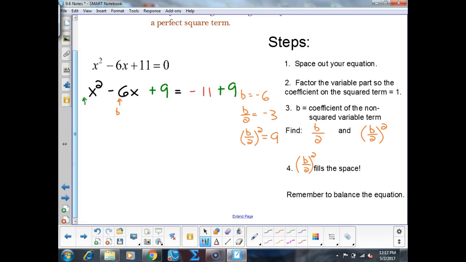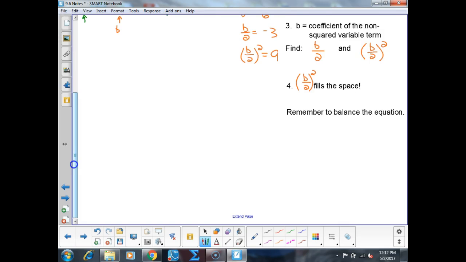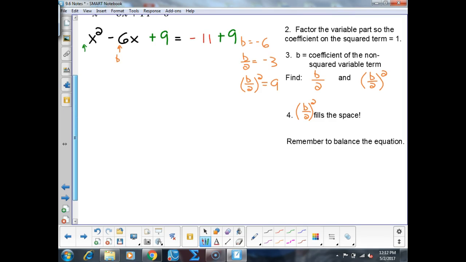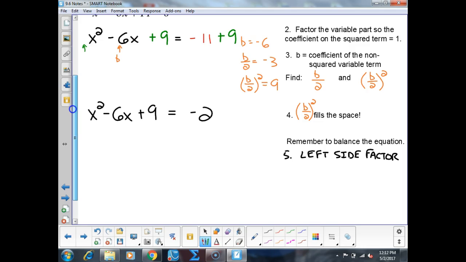The left side of my equation, let me just rewrite this without anything else now. So then this would be x squared minus 6x plus 9 equals -2. So step 5 now is left side factor. What does the left side factor to be?